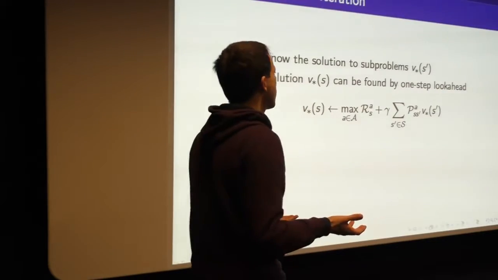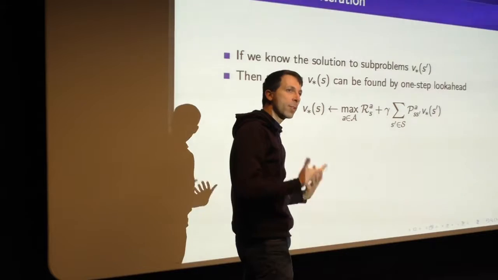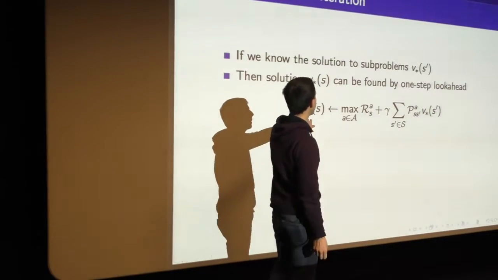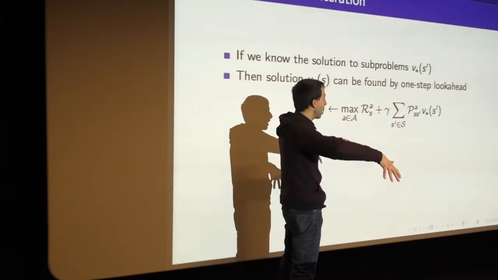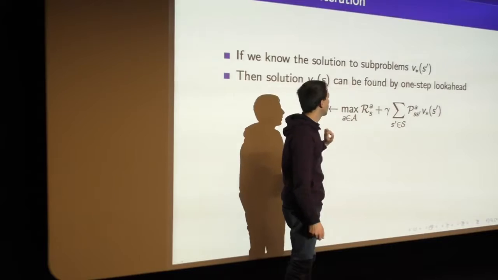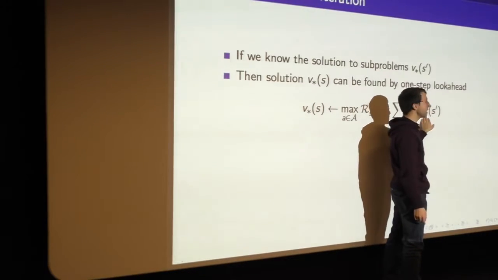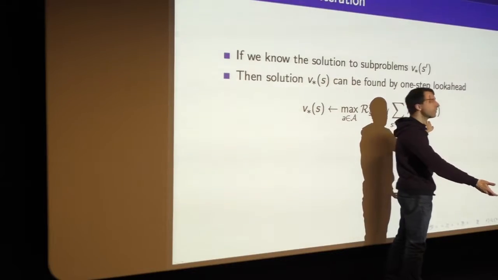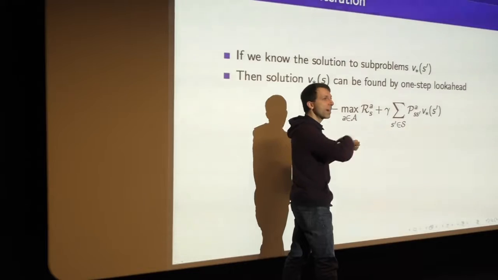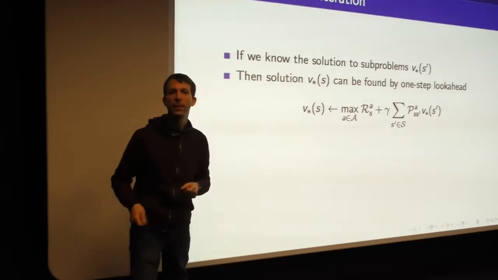All we need to do now is a one-step look ahead. So we're building our one-step look ahead tree, this time using the Bellman optimality equation, look at the leaves of our tree and back them up. We start off with our inductive premise that we know the optimal solution from the leaves. We back this up by doing a one-step look ahead up the tree. We maximize over all the things we might do, and that's going to give us the optimal thing to do at the root.